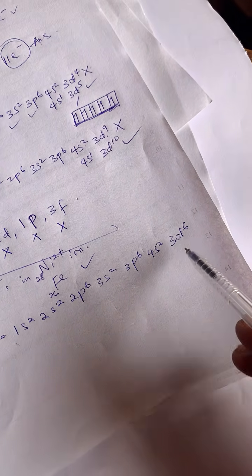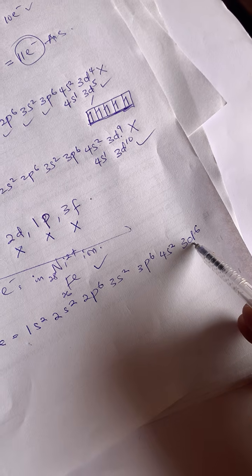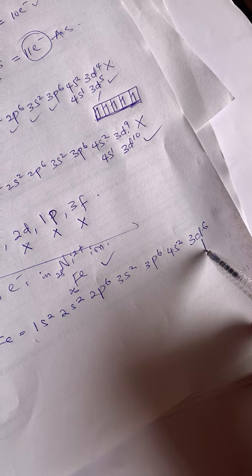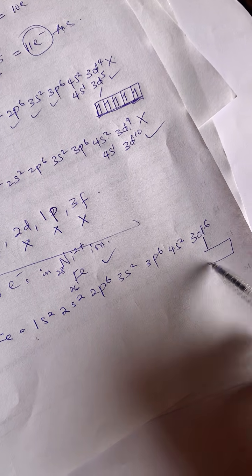They are complete. So this is the only orbital that is not filled, and this is where possibly the unpaired electrons will be. So what you do is to try to draw out this orbital.